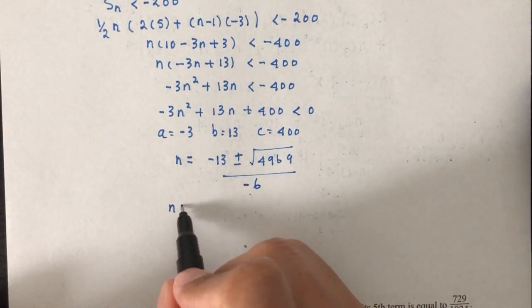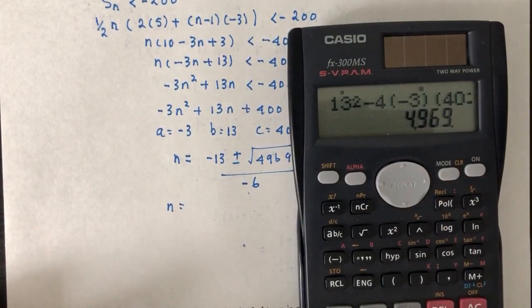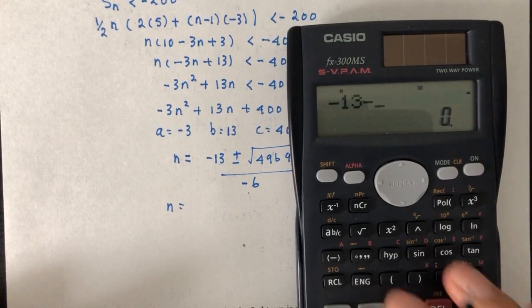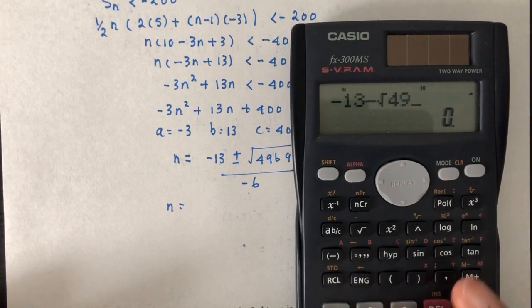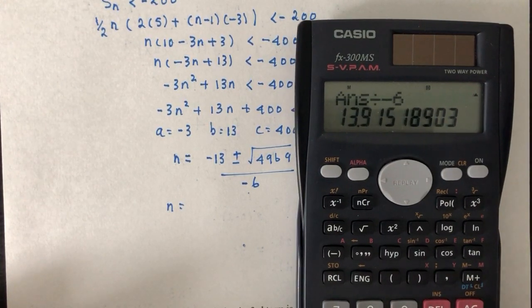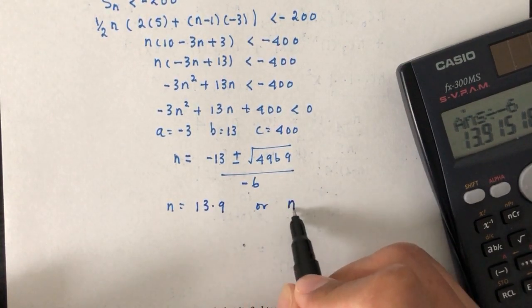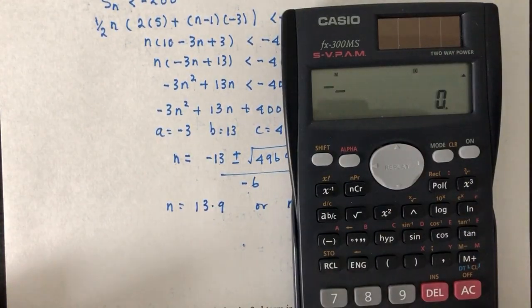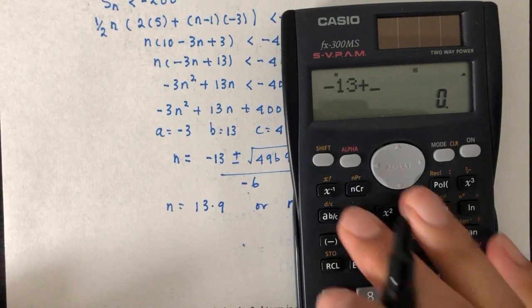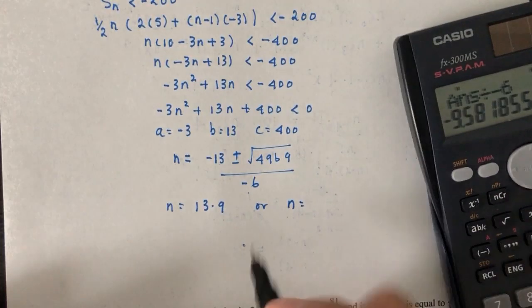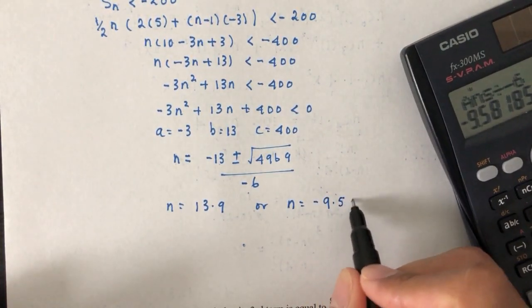Now the value of n. The first value, minus 13 minus the square root of 4969, divided by minus 6, will give me 13.9, or the other one will be minus 13 plus the square root of 4969, divided by minus 6, which is minus 9.58.